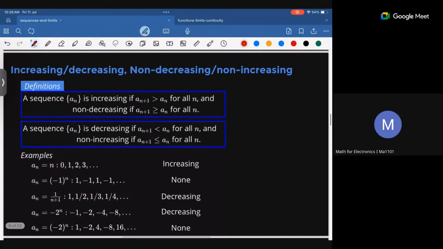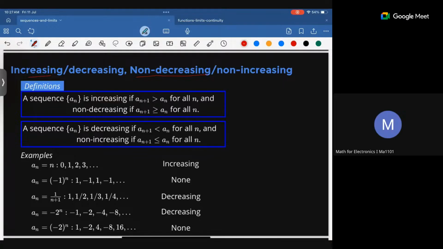Now coming to the next property, which is increasing or decreasing, and non-decreasing and non-increasing also, we have discussed this, right? So just go back to the earlier sessions. I don't want to spend too much time on what is the difference between increasing and non-decreasing. Okay, so if you want that, you go back to the earlier sessions and watch it. But here you can again refresh your knowledge on this increasing and non-decreasing. Okay, so a sequence an is called an increasing sequence when my next term is greater than the current.